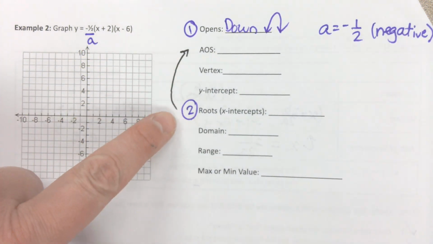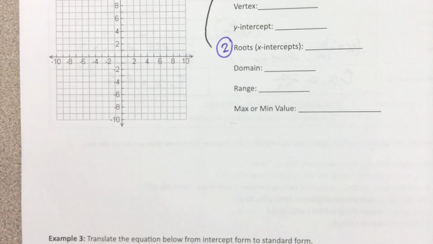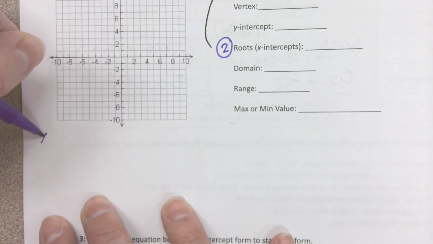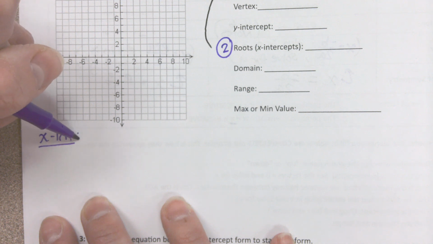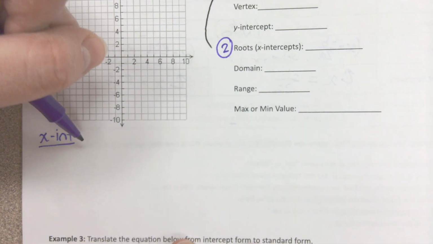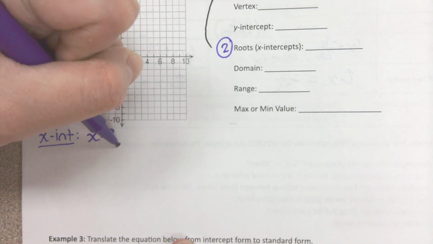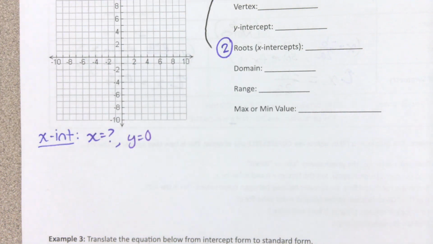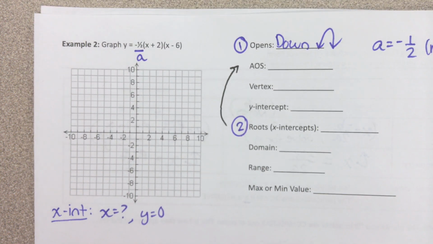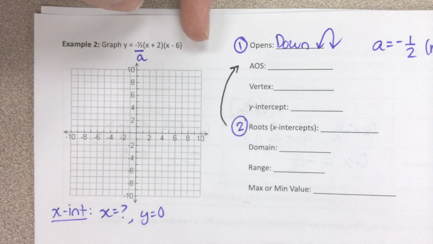Next, we jump down and find the roots, x-intercepts. That requires some work. X-intercepts, that means we don't know x, but we do know y, and it must be 0. And of course, we know our equation. Reminder, I'm basically just setting my equation equal to 0.